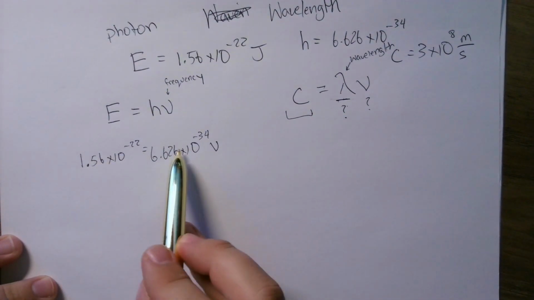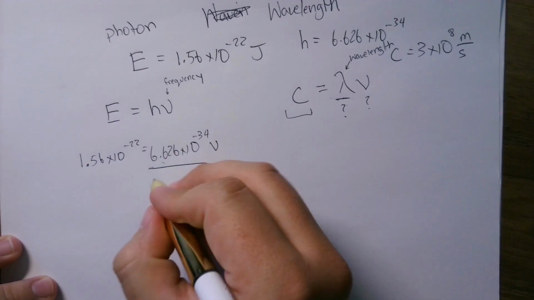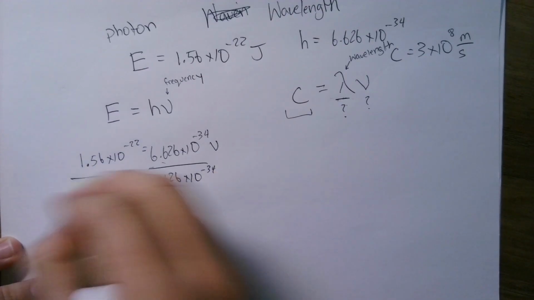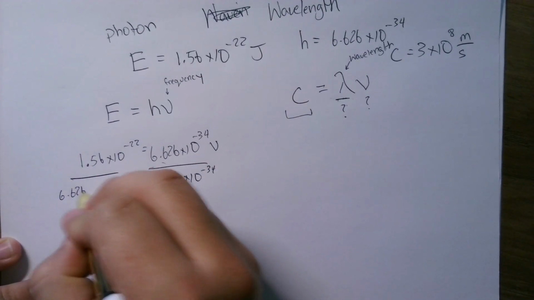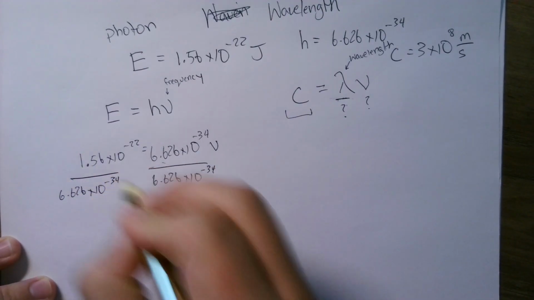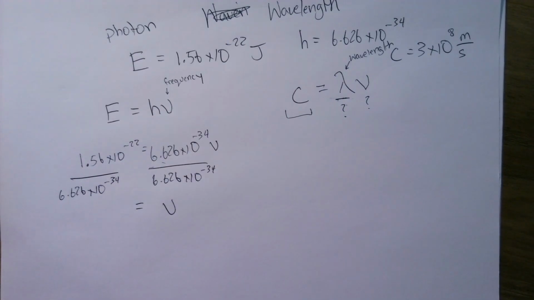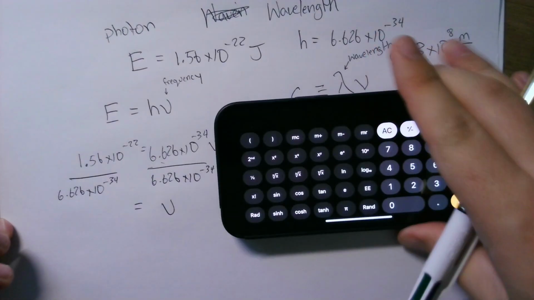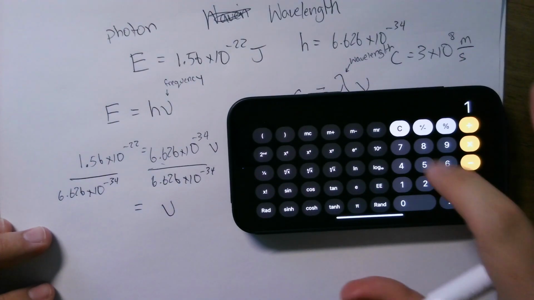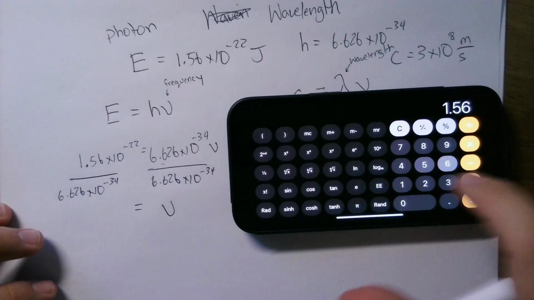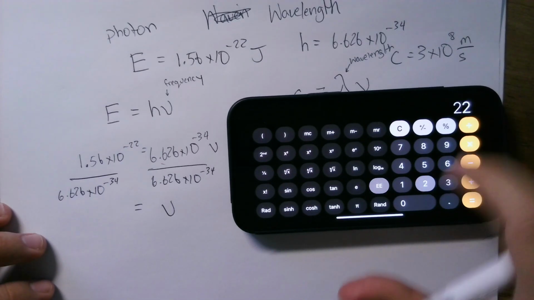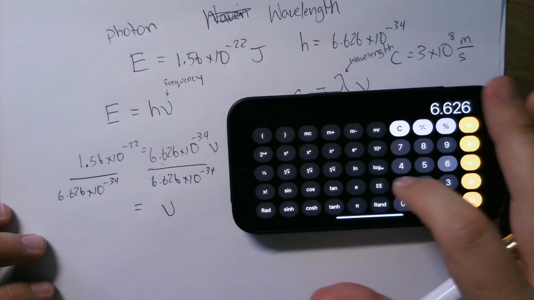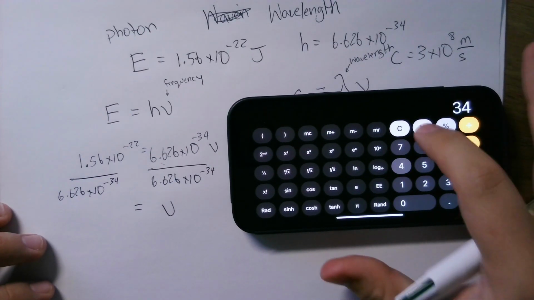I'm going to take this, divide by this. So divide each side by 6.626 times 10 to the negative 34th. And that'll give me my velocity. Or sorry, not velocity, frequency. So my math here, I'm going to do 1.56 E negative 22 divided by 6.626 E negative 34.